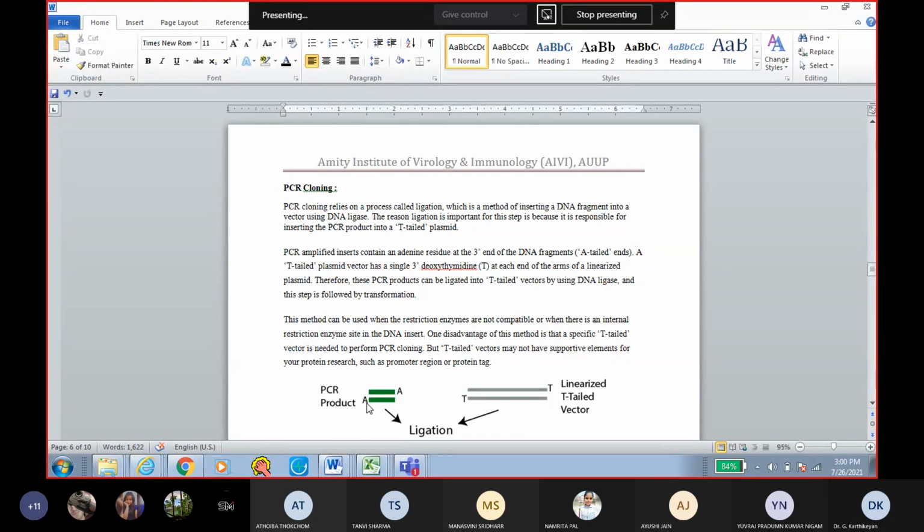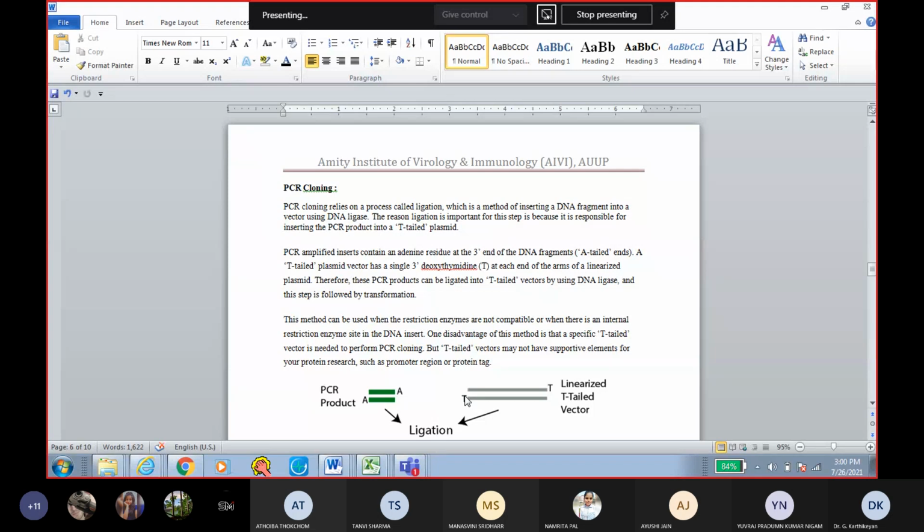Nobody knows why, but this is typically what is observed. So people have been very smart in making sure that you use certain restriction enzymes so that they will have T overhangs.